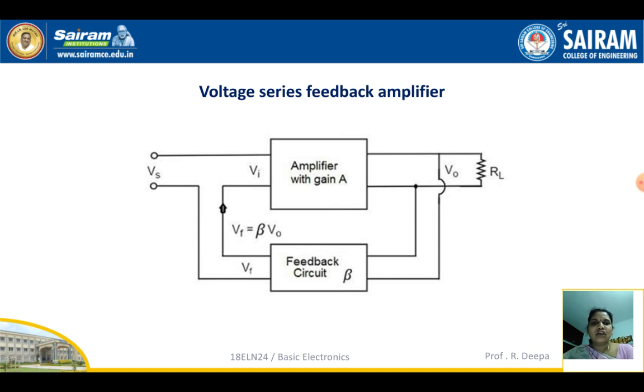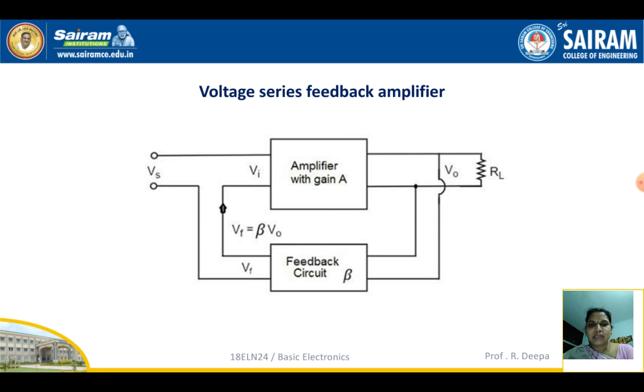The feedback circuit is drawn parallel to the amplifier. Part of the output voltage from the amplifier is fed as an input to the feedback circuit, whose gain is represented as beta.